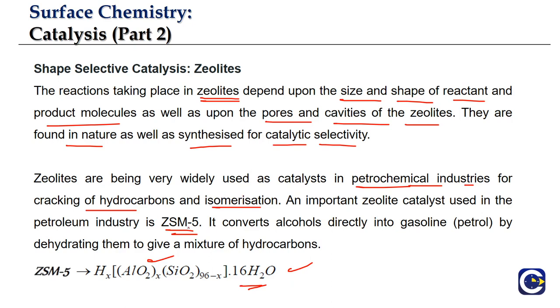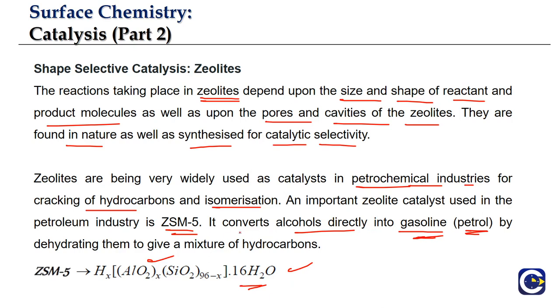And ZSM5, which is a commercially well-known zeolite used in the petroleum industry, is used to convert alcohols directly into gasoline. Gasoline is petrol. The large alcohols will be directly converted into gasoline, and this is done by dehydrating them.